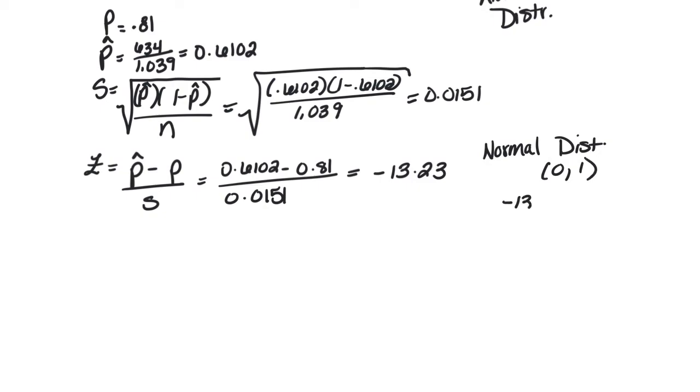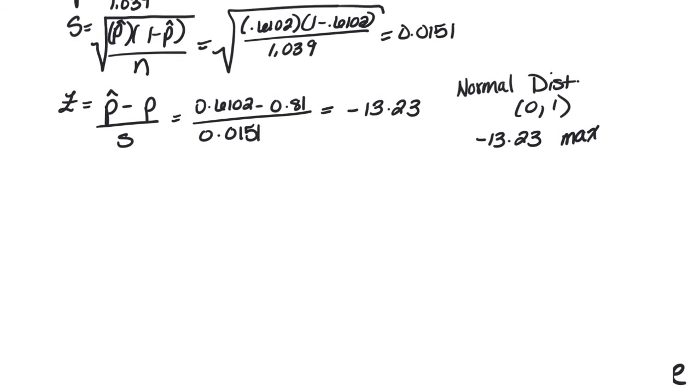And my z-score I'm going to use as either my maximum or my minimum. I want to see if the sample proves that fewer Americans think that the death of John F. Kennedy was a conspiracy, so if it was less than 81%, I'm going to use that as my maximum value because I want to know what's less than the negative 13.23 z-score.